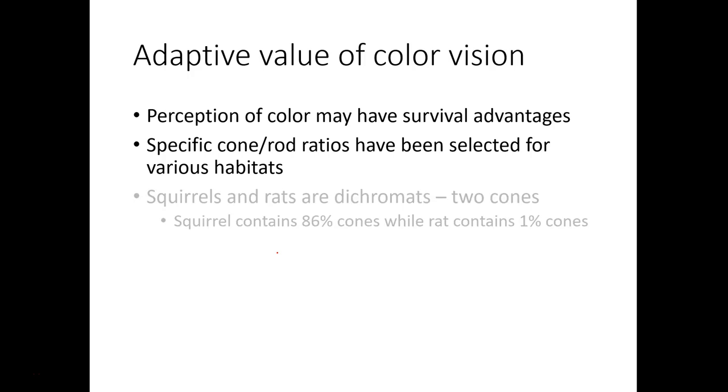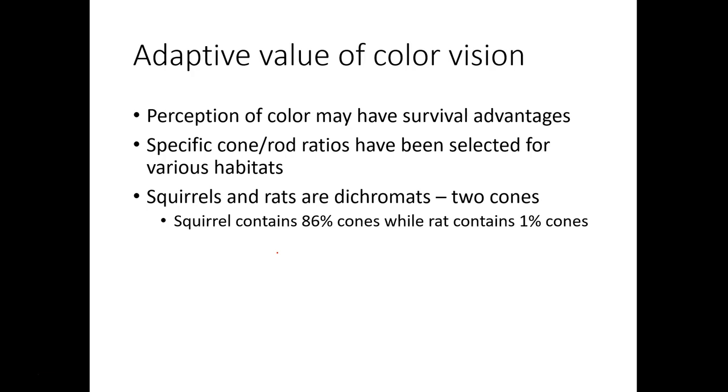So for example, squirrels and rats are dichromats, so they actually only have 2 cones, but because a squirrel happens to be an animal that is more awake during the day, diurnal, it relies on color, and so it's got 86% of cones in its retina. The rat, on the other hand, is a nocturnal animal, more awake at night, so its retina only contains 1% of cones.